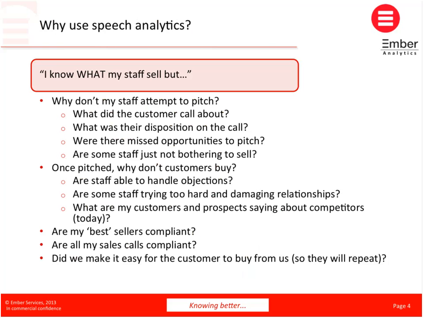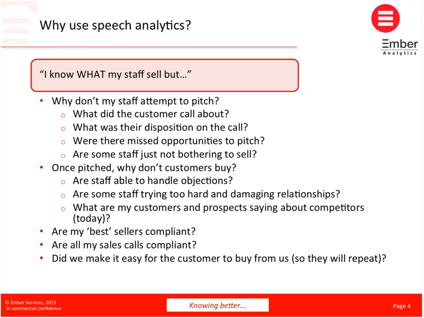Was the customer in a hurry, or just clearly not interested in anything the agent had to say and just wanted to get their problem solved? Maybe it was a complaint. And then, are there missed opportunities? Do the agents just miss things in their calls that could have been an easy sell? And are some staff just not bothering?